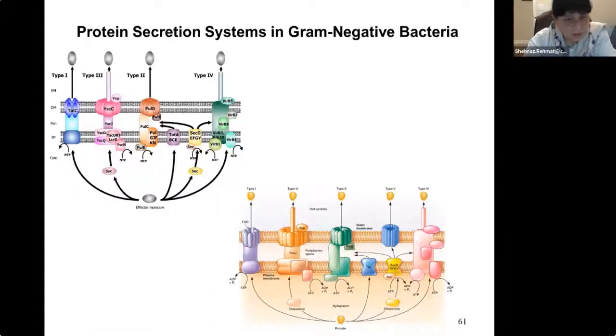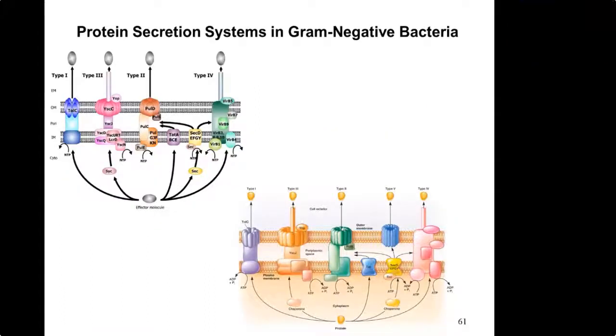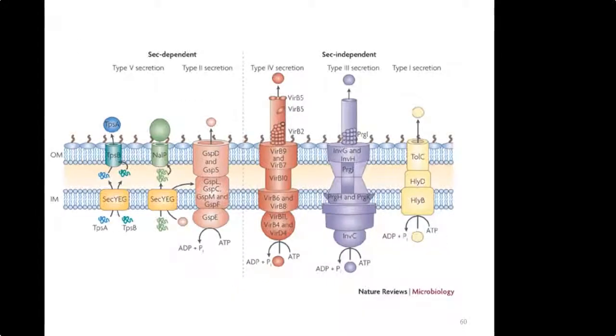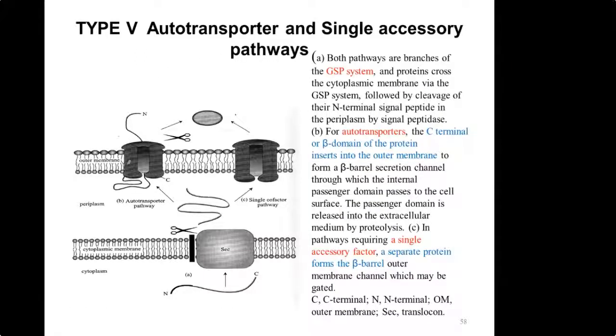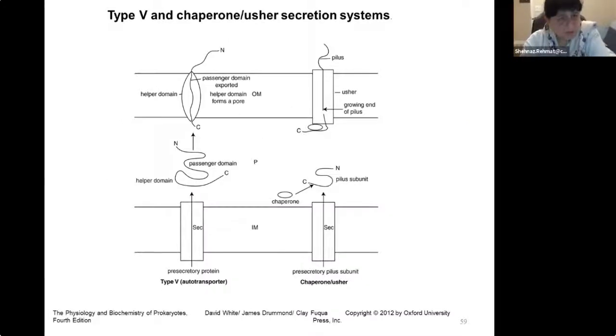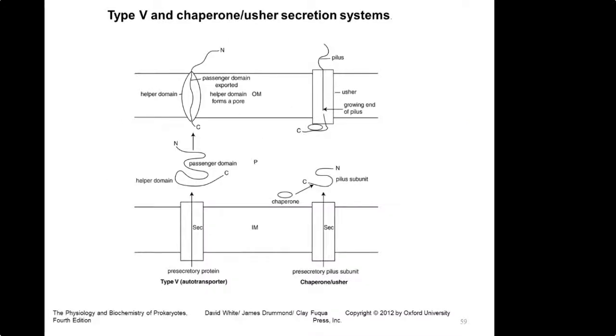And here's another one. You have a question? Yeah, can you go back to these type 5 two slides ago? This one or before that? Oh no, the one that you were just at, sorry. Okay, another one further, this one? And so the first one, the autotransporter, that's the protein that is composed of the helper domain and the passenger, so it transports itself out, basically.